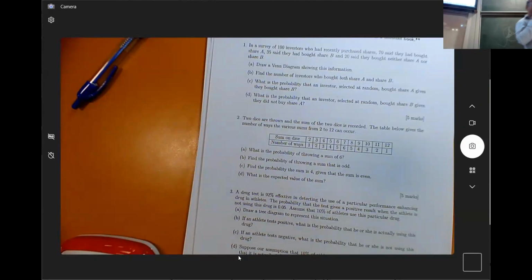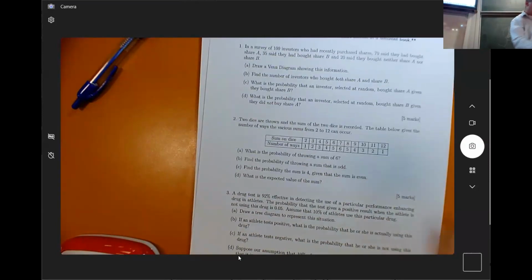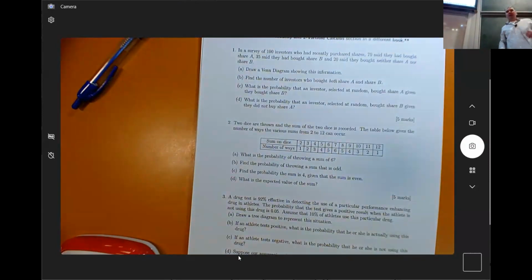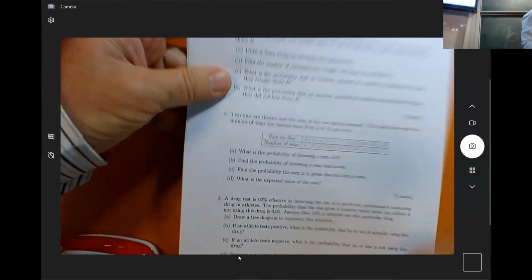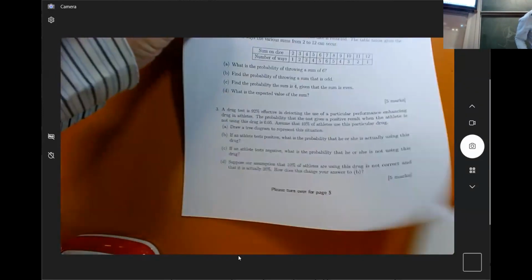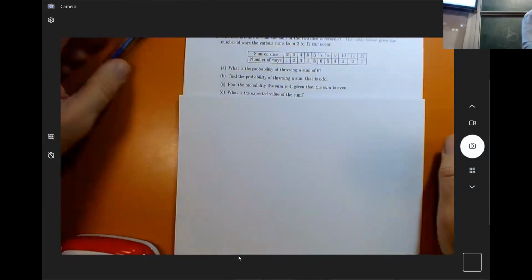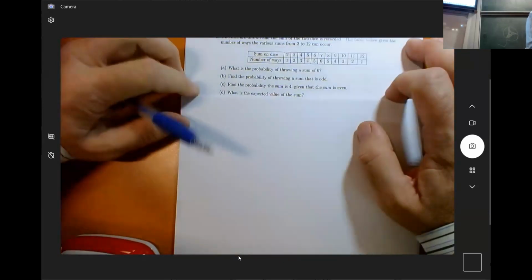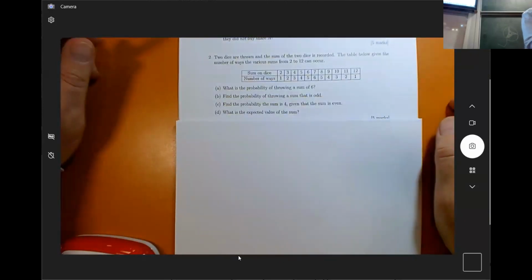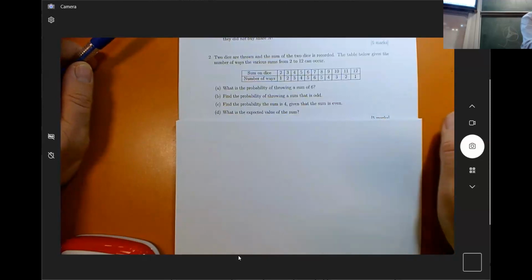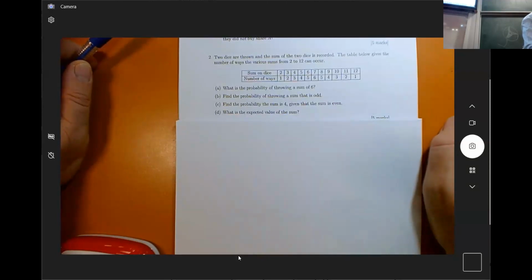I kind of like doing this from this perspective. So let's go and talk about this question. Okay, so 2 dice are thrown and the sum of the 2 dice is recorded. The table below gives the number of ways the various sums can occur. And what is the probability of throwing a sum?